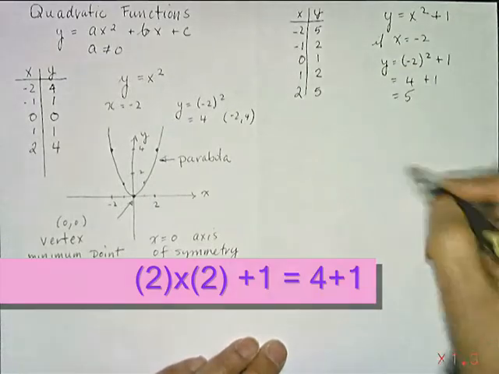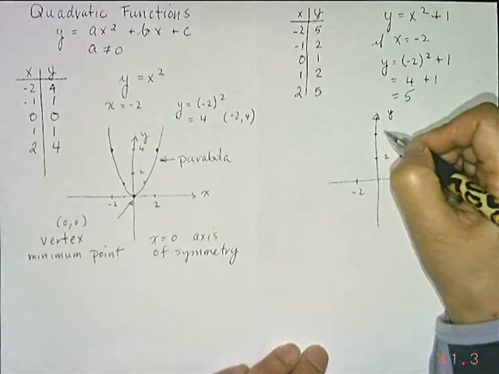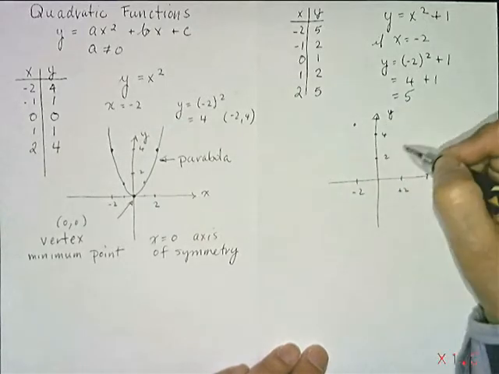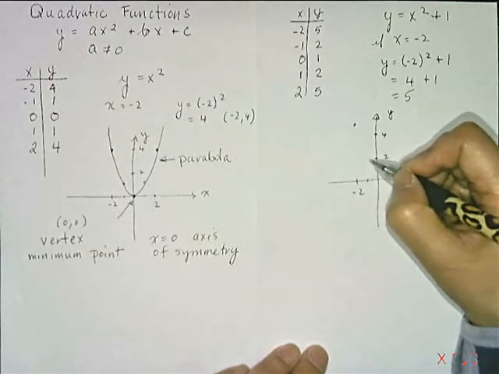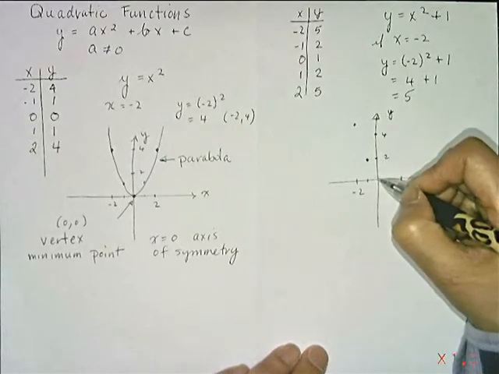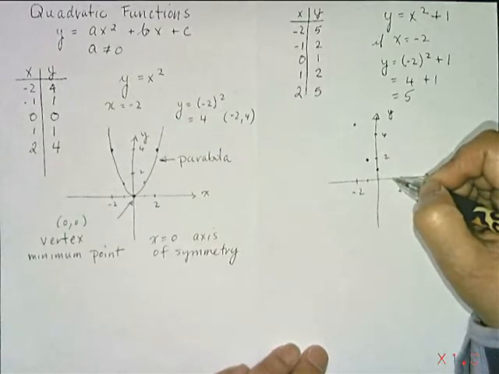If we did a quick sketch of this, x is -2, the y value becomes +5. So that's about here. And if I go to x equals -1, it goes to +2 in the y direction. If I go to 0, x is 0, then y is 1. And symmetric.